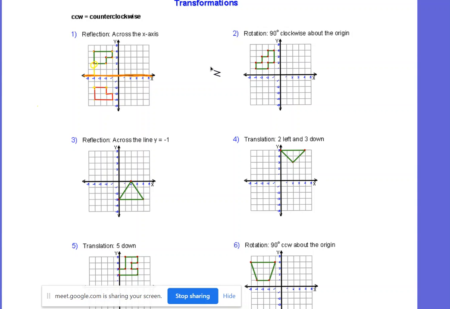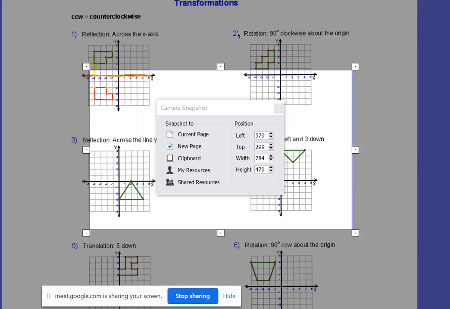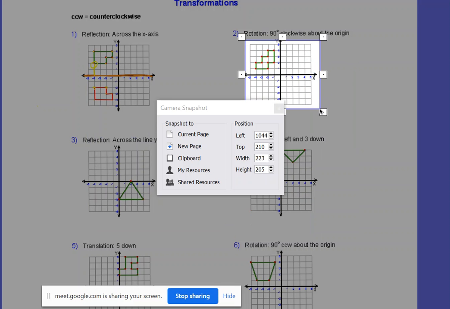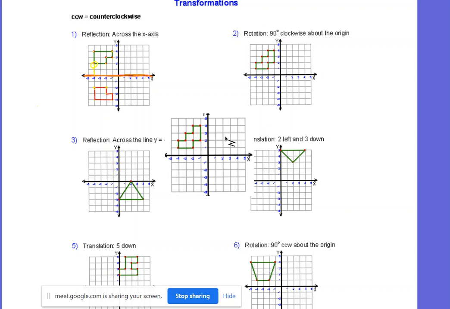The rotation? Okay. So for our rotation, I'm actually going to take a picture of this, right? I'm taking a picture of it because I can't physically move this page quite as easily as you can.